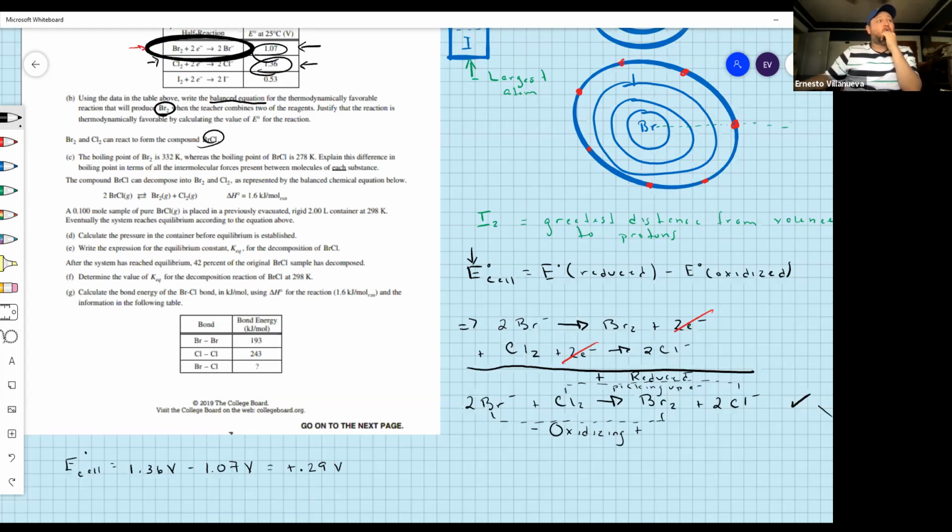All right. Now, the red flag for the formula, because like I said, you're going to have a formula sheet, right? The red flag for this is going to be if you see this symbol. That's your red flag. If you see that symbol, find the formula in your formula sheet that has this formula. Okay. So plus 0.29, because since the potential for E is positive, then the reaction is favorable.